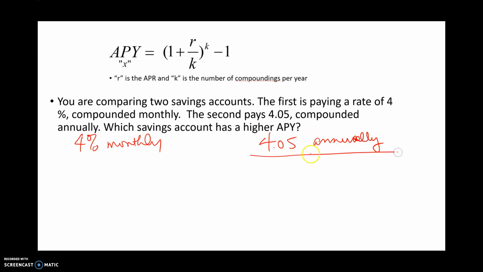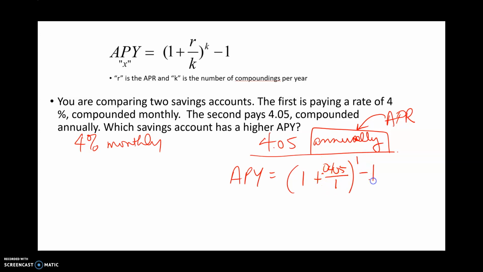So notice, if I remember that the APR, the rate they give you, is what you would have if you compounded annually, then using this equation, APY equals 1 plus the rate, 0.0405 over 1, raised to the 1 power, minus 1, just gives me 0.0405 right back, because the APY, what we're getting, is the same as the APR since it's compounded annually.